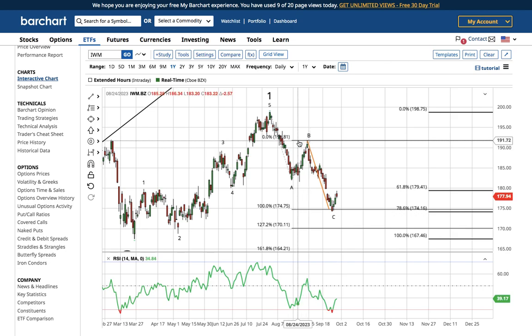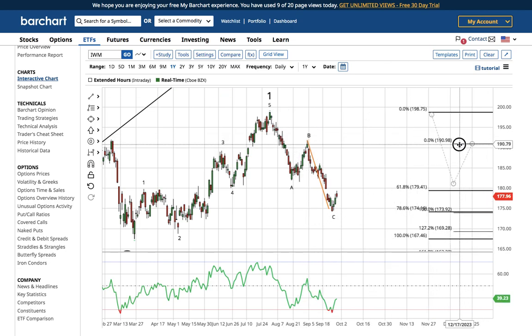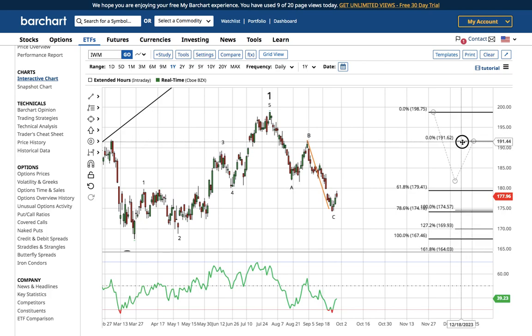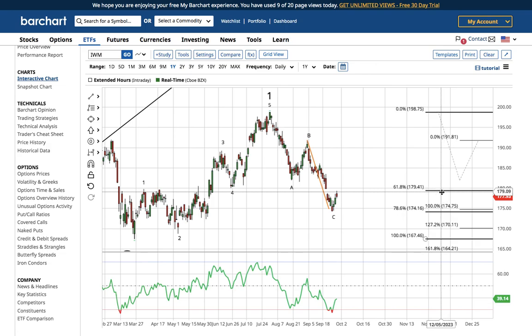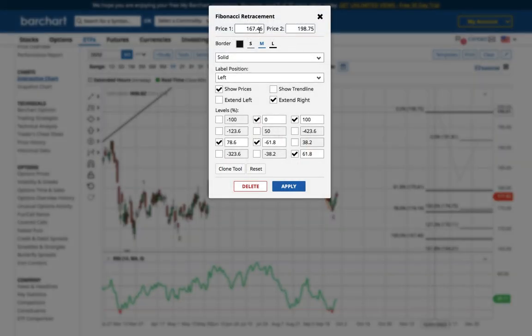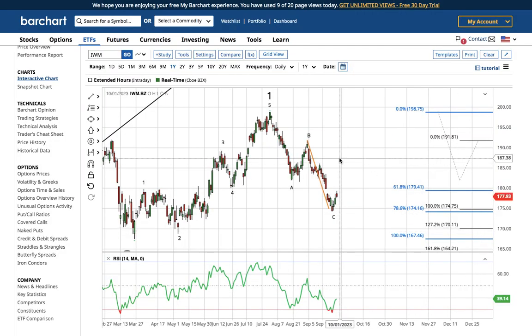The problem was a lot of money was flowing into the weak Russell during that September correction, and they didn't find out about that until the first quarter. So I'll go ahead and make these different colors just so it's not confusing. But just sticking with this ABC correction idea for a sec, I'll go make these levels perfect, 198.75.